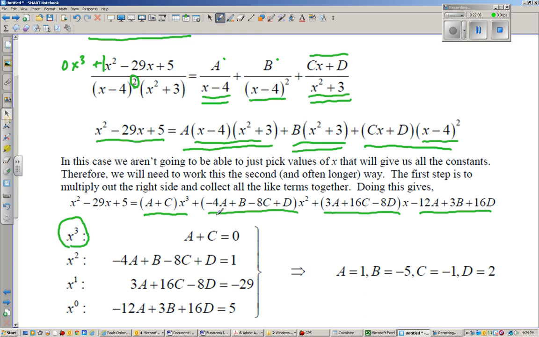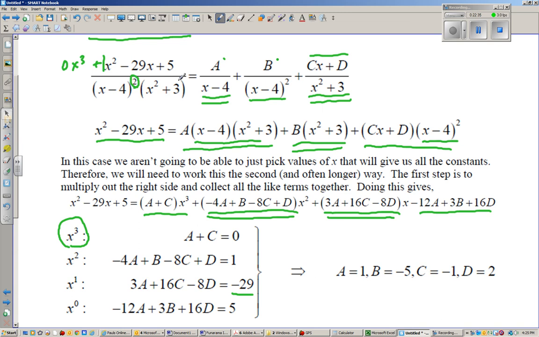And then from the next one, I get that whole thing that I've underlined there in green. I'm going to underline it a second time. How many x squareds do we have? Well, we have exactly 1 x squared. And then we've got this ugly thing. That's how many x's we have, and we've got negative 29 of those, and so that has to equal 3a plus 16c minus 8d.